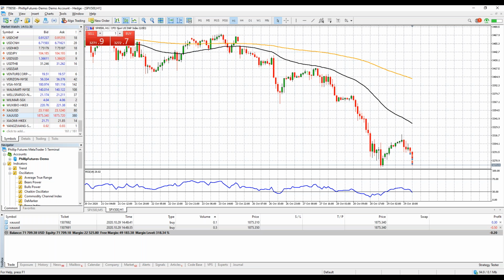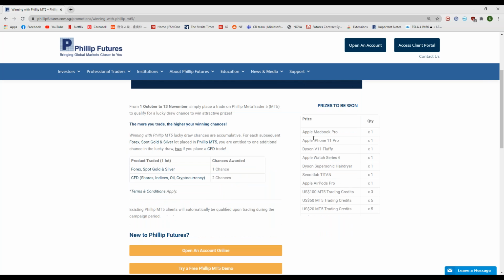Maybe I can share a little more on this promo in case you did not scan the QR code earlier. These are some of the prizes that we are giving out: MacBook Pro, iPhone, Dyson hair dryer, and even a gaming chair.